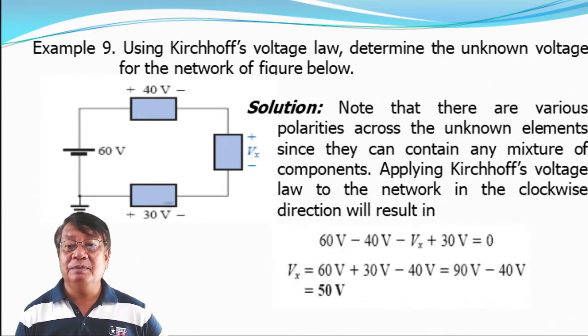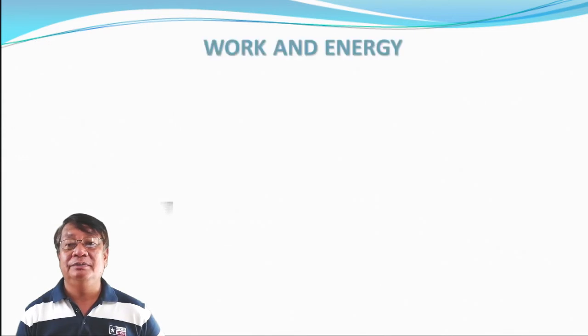So applying Kirchhoff's voltage law, we have 60 minus 40 minus V sub X plus 30 equals 0. Rearranging our equation and solving for V sub X, V sub X is now equal to 50 volts. That is Kirchhoff's voltage law.